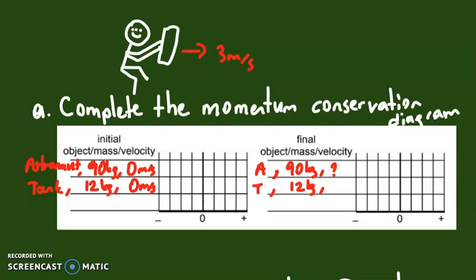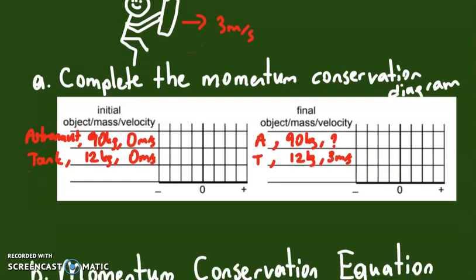So we will figure out whether our answer should be negative or positive. Think about that for now. 3 meter per second. We are done with the momentum conservation diagram.